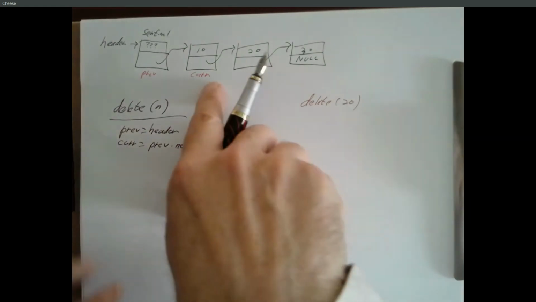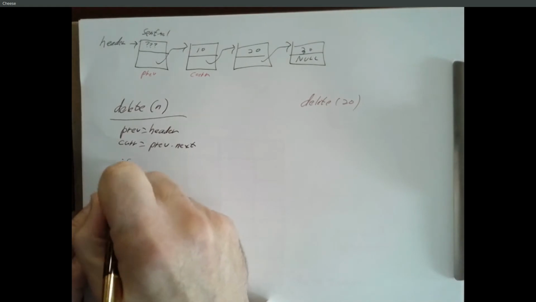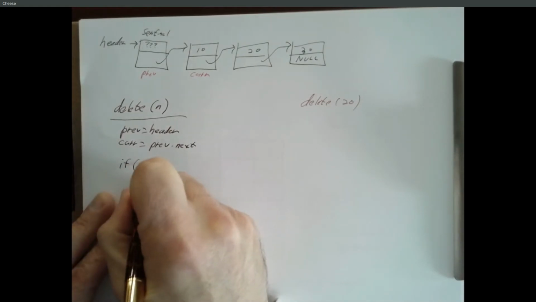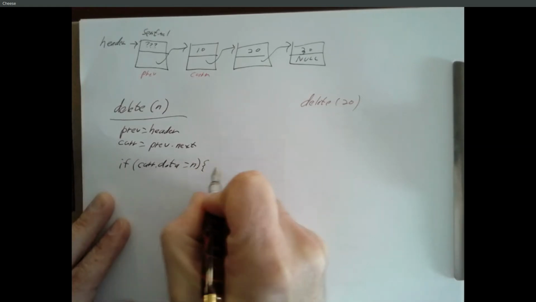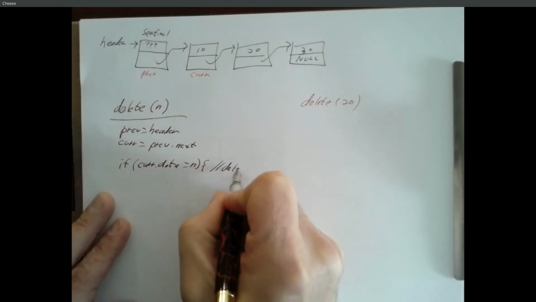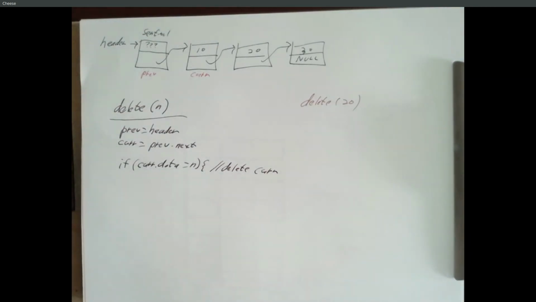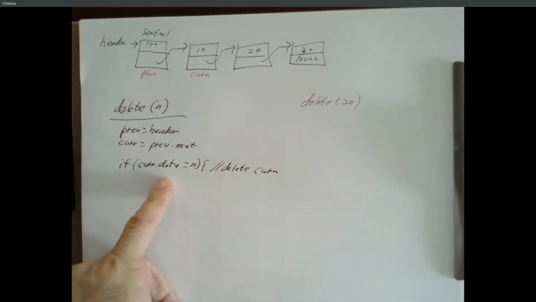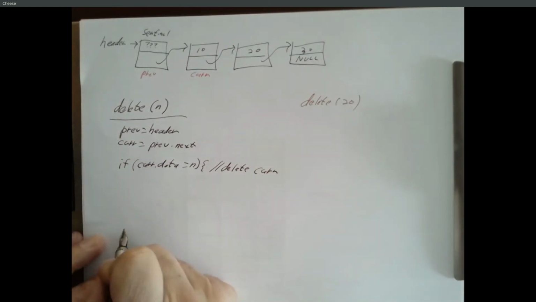And now we want to know, is current the node we want to delete? So if current data equals n, delete current. And this is pseudocode, so I got a single equals instead of 2. So if the current node's data value is equal to n, delete the current node. And we'll write the code for that in a little bit.